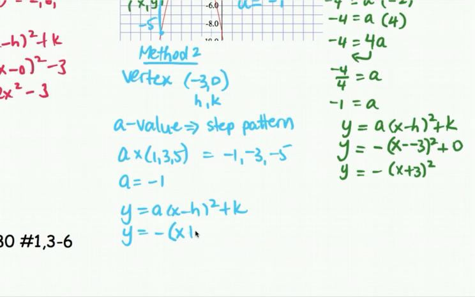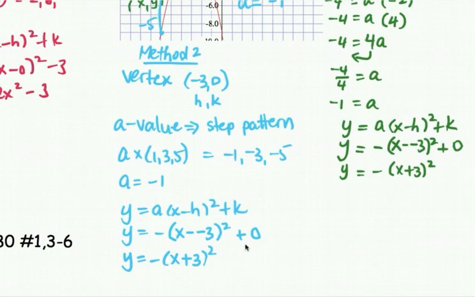But if that's confusing, I'll do it step by step. -3 like that, and then plus k is 0. So cleaning everything up, we need to make this negative negative a positive, like that, and then we don't put the 0 in. Make sure you don't forget the square, the exponent too, because that's the key that makes the equation a quadratic. Sometimes when you're building, you forget the squared here. Don't forget the y equals as well. Just clean anything up, like any signs, if you can.